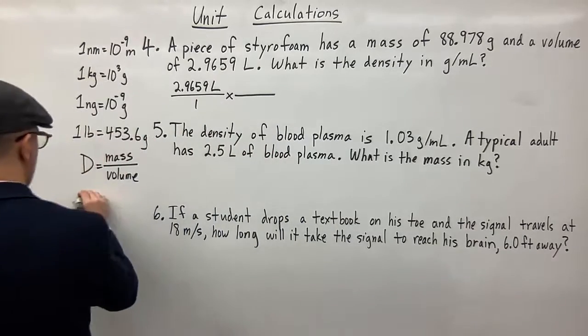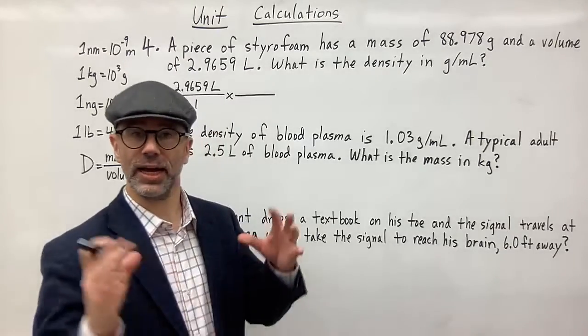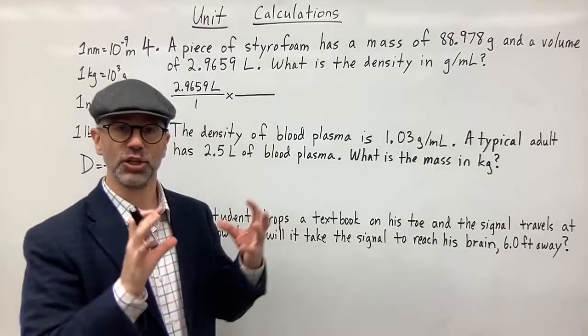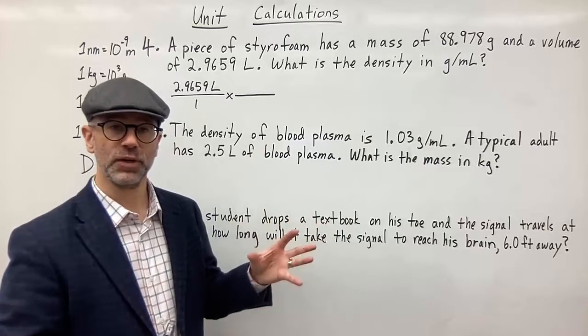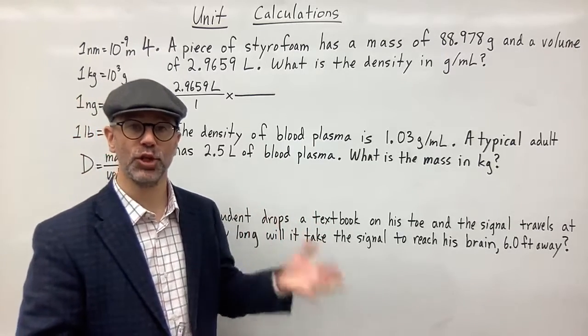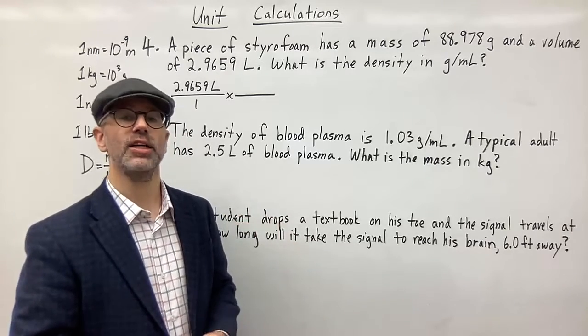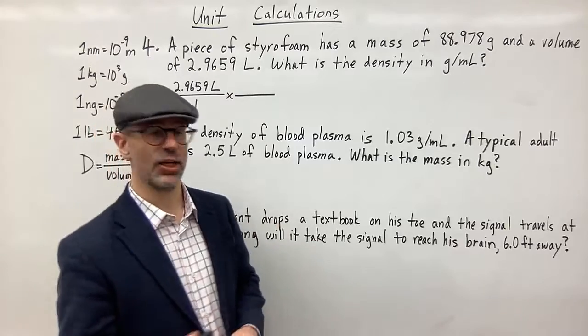So we need a relationship between milliliters and liters. So milli, right? So again, we're thinking about our metric units. Milli is the prefix for 1/1000th of a meter, or whatever the unit is. So milliliter is 1/1000th of a liter.